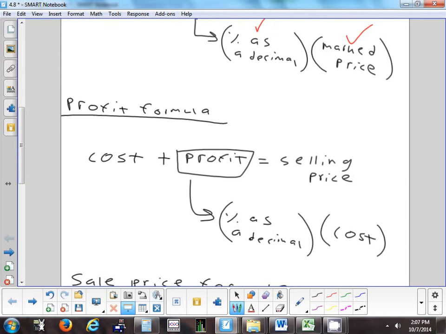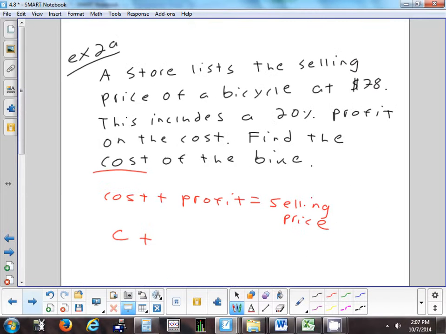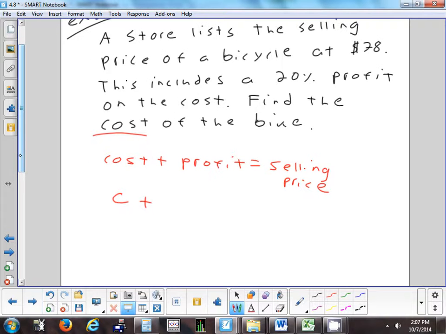Profit is a percent times the cost. What's my percent in this case? 20%. And how do we write that as a decimal? 0.20. Very good. There's my percent as a decimal, 0.20.